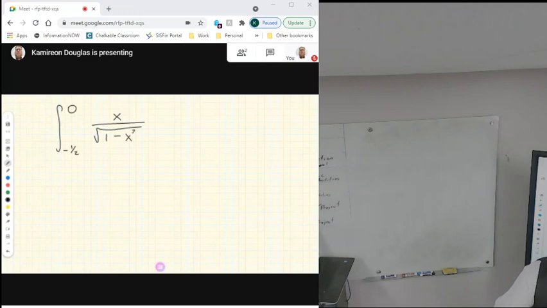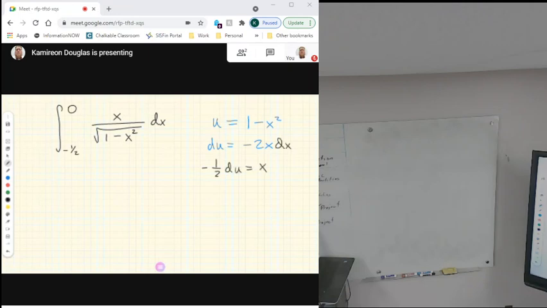Pretty sure, use substitution. Let u equal 1 minus x squared, so du is negative 2x dx. So I have x dx right there.